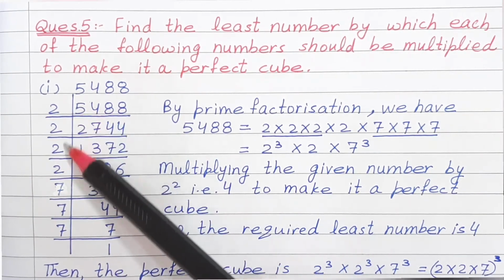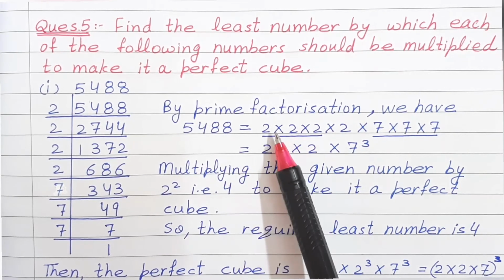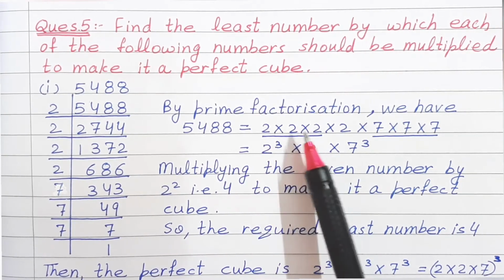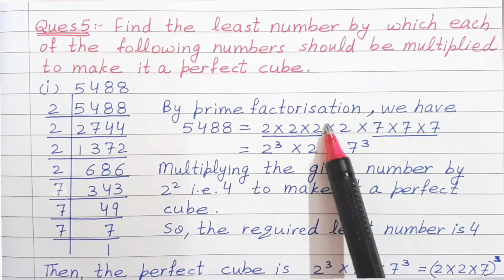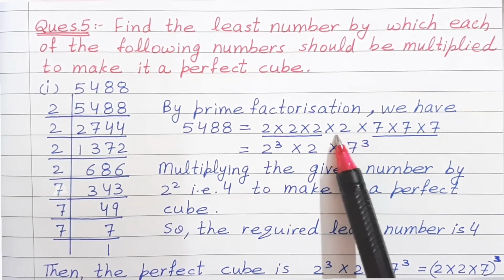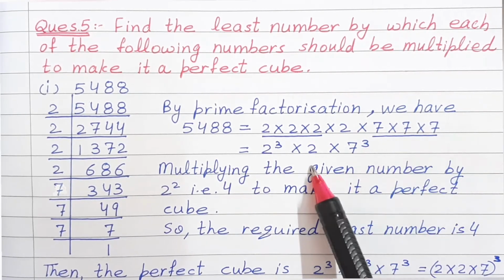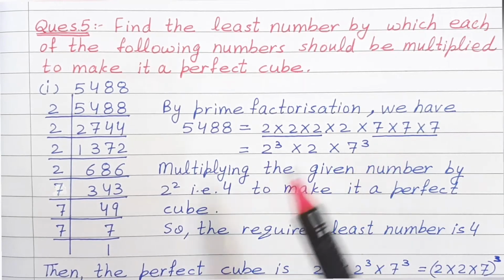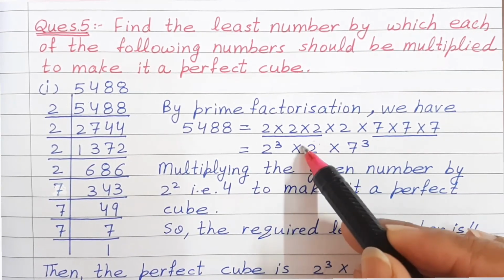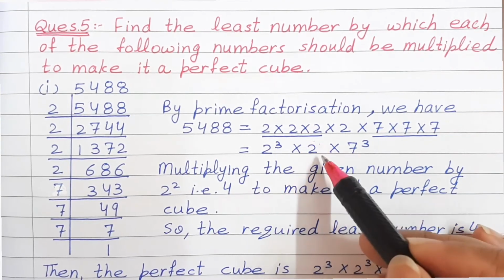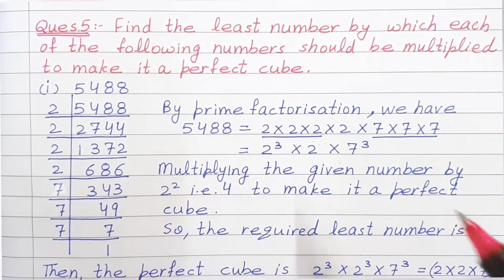Now after doing this prime factorization, we will get this as 2 multiplied by 2, then again 2. Now you can see 2 is in triplet form, but 1 2 is still left. Then 7 is also in triplet form. So it is 2 cube, 7 cube, and this 1 2 is not in triplet.